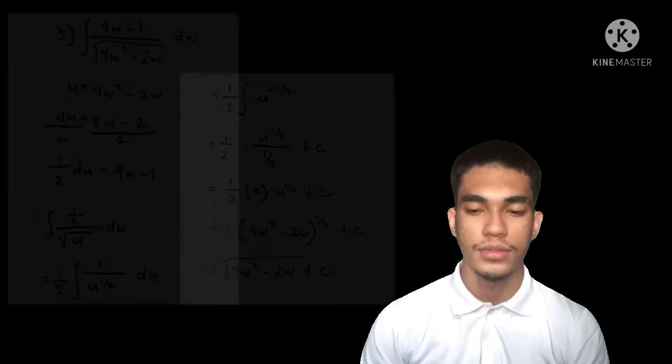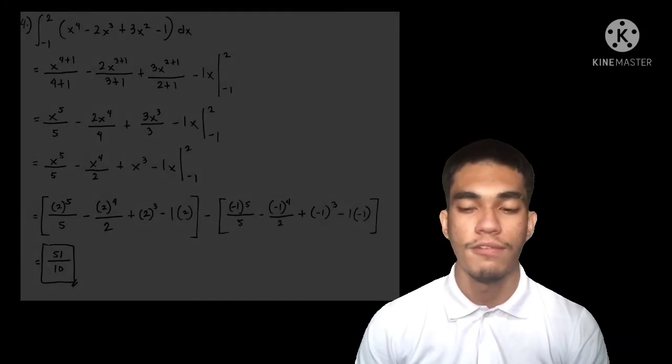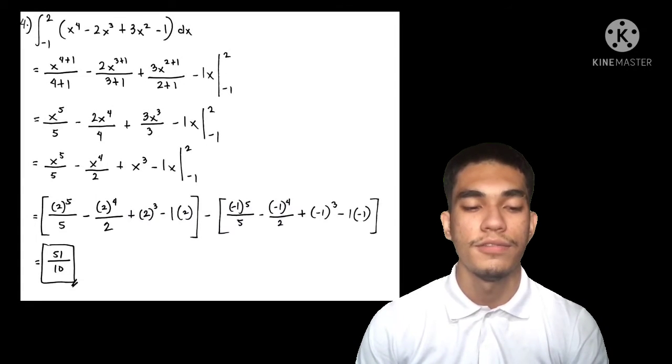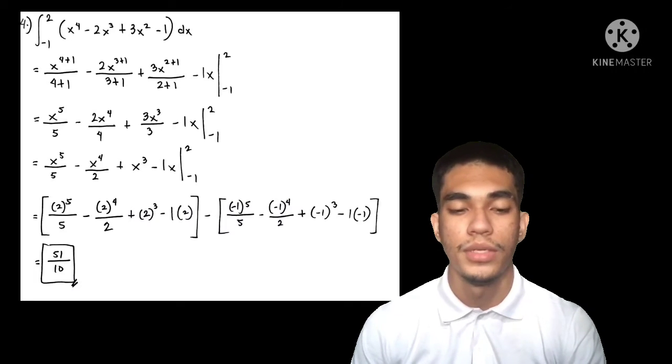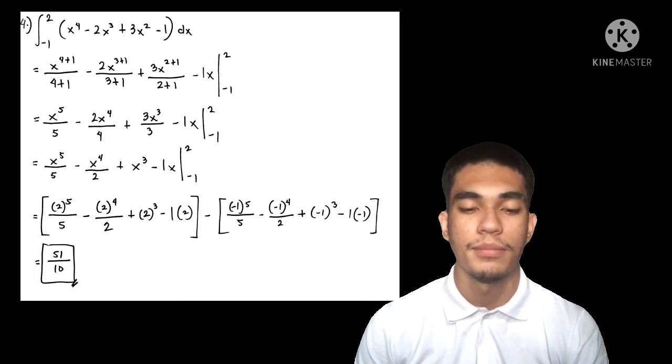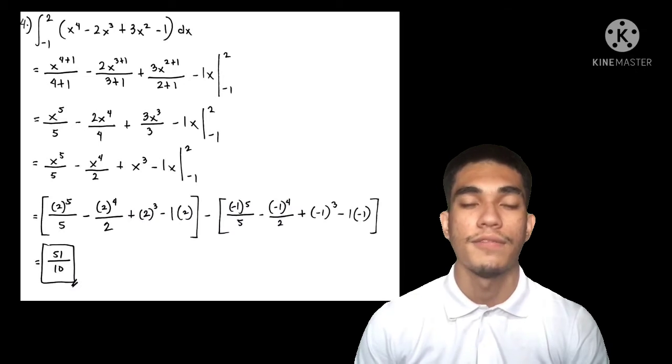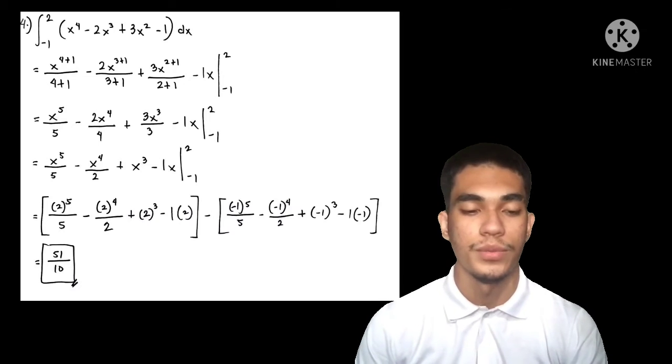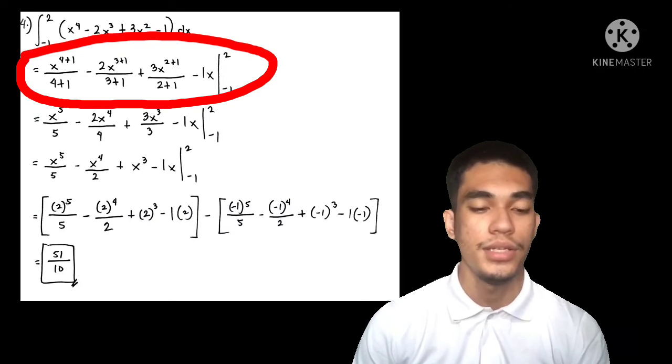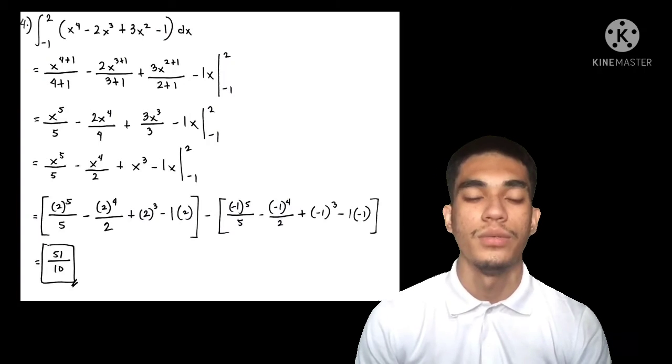And for number 4, we have the integral of x to the 4th power minus 2x cubed plus 3x squared minus 1 dx from negative 1 to 2. Now we will just integrate this polynomial expression.